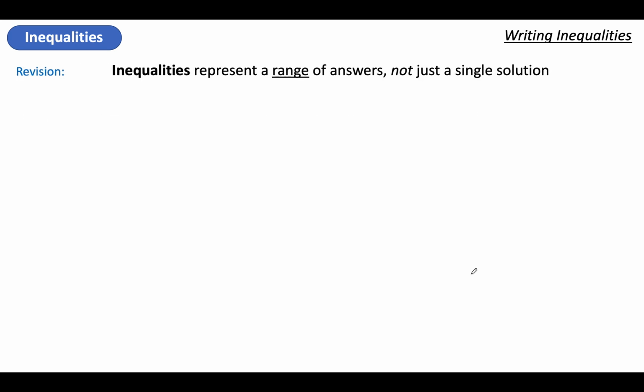Okay, let's look at this then. So, bit of revision possibly. Inequalities. Right, inequalities represent a range of answers, not just a single solution. So before, we had an answer like, for example, x is 2 or x is 3. Well, that's a single solution. Now we're going to use our inequality signs to show that x has a range of answers.